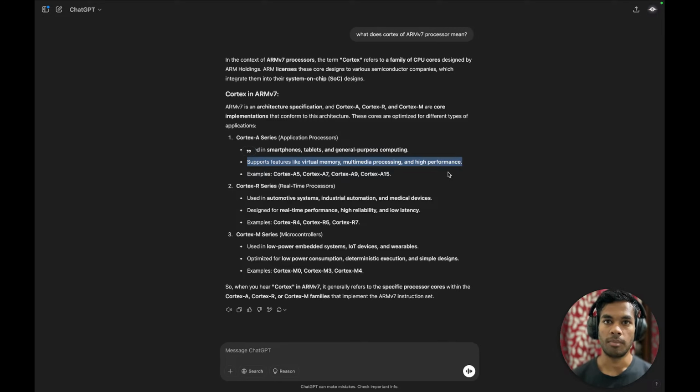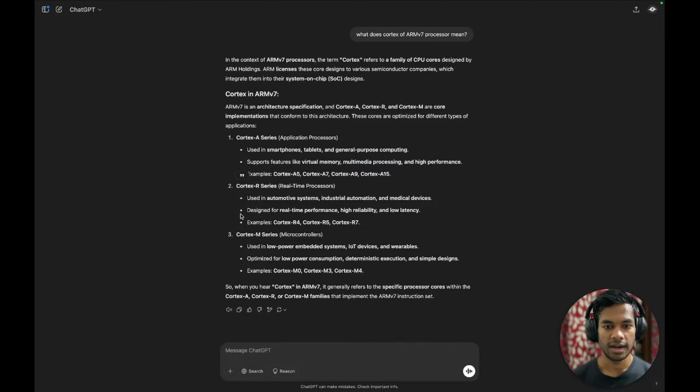These are used in phones, tablets, and general purpose computing.